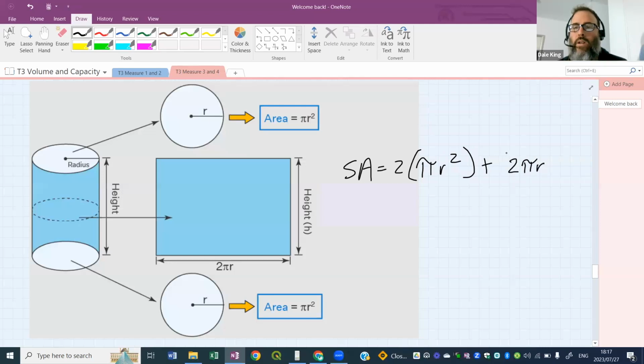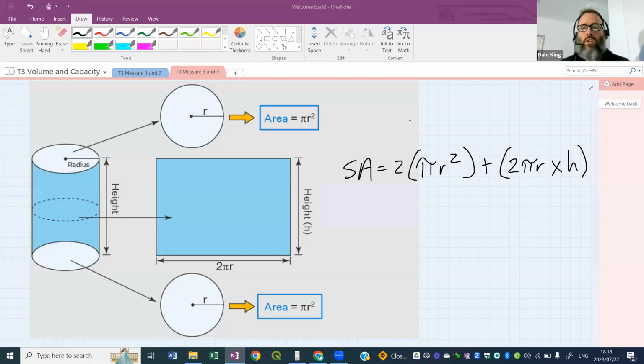I like to use brackets, guys. Times height. So that's the formula for the surface area of a cylinder. I hope you guys understand that.